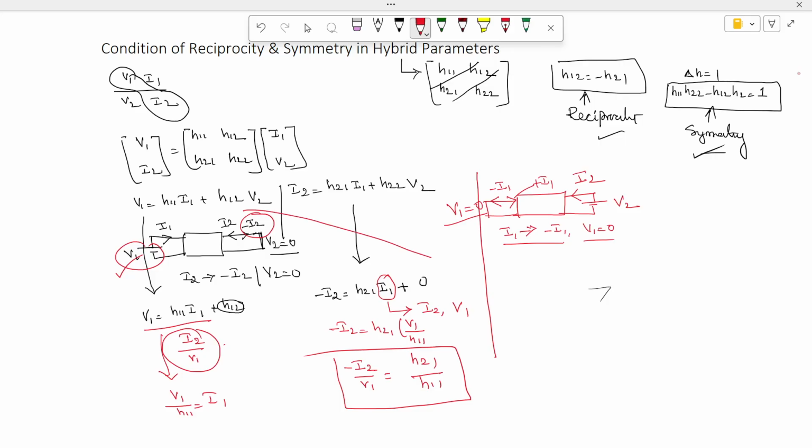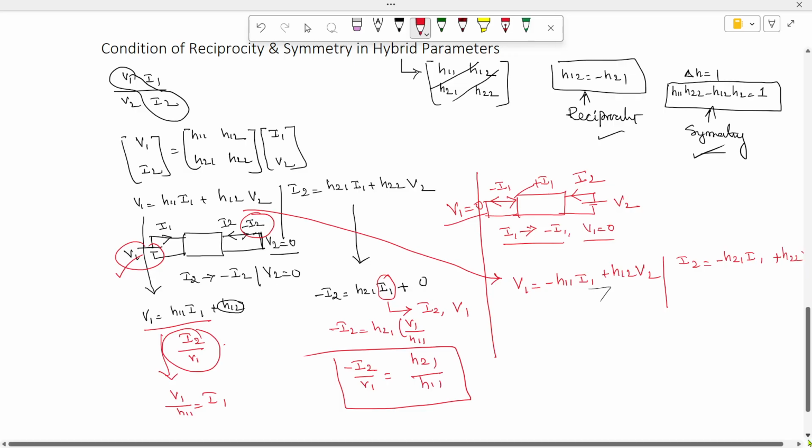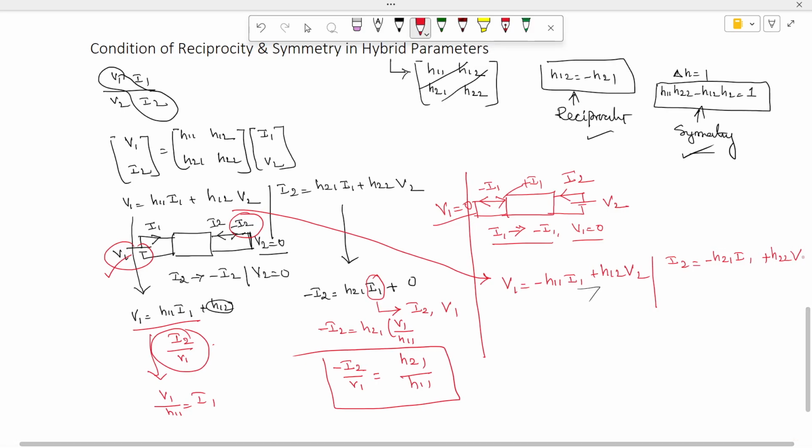In these equations, let's substitute. Directly writing V1, and instead of I1 we write minus H11 I1, and we have H12 V2 as one equation. In the second equation, you substitute I2 is equal to minus H21 I1 plus H22 V2.